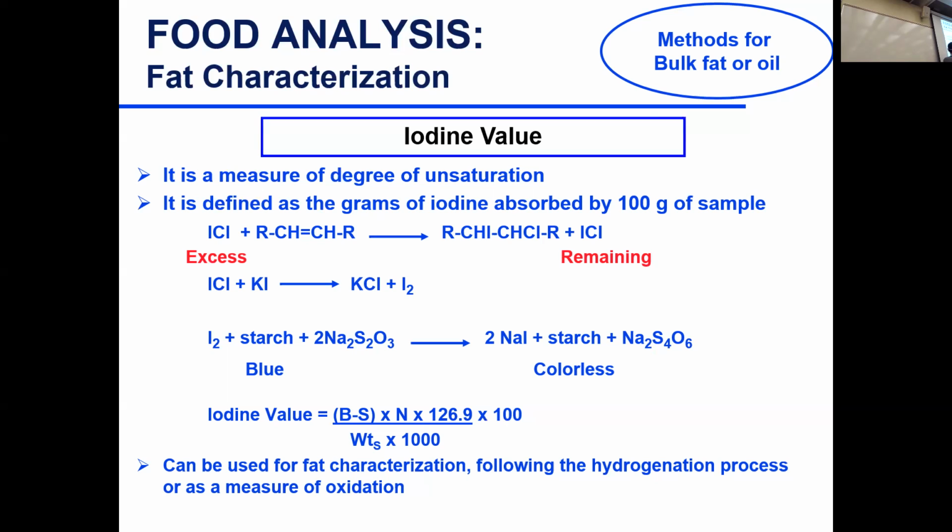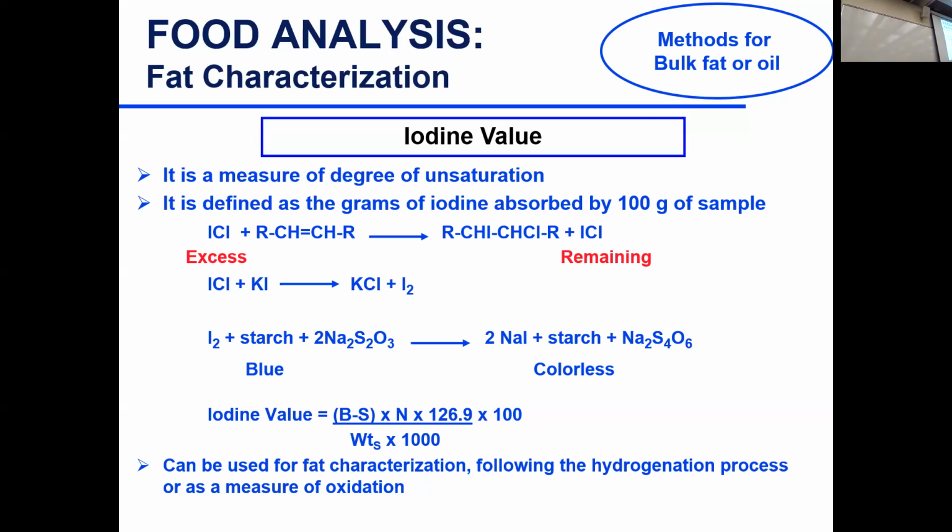The remaining iodine chloride, I'm going to react with potassium iodide to give me iodine. So the more polyunsaturation you have, the less iodine chloride remains, and the less iodine you're going to generate. Then you want to determine how much iodine you generated, so you use starch as your indicator.